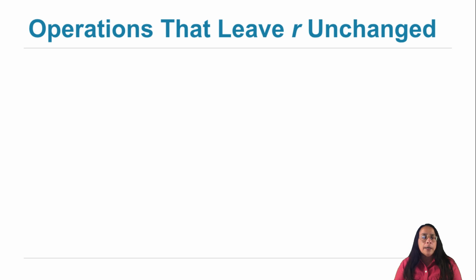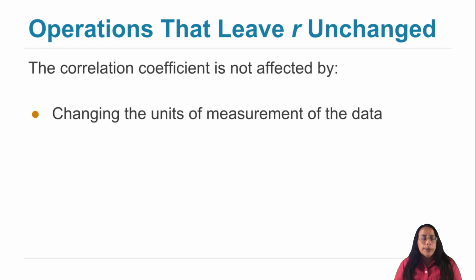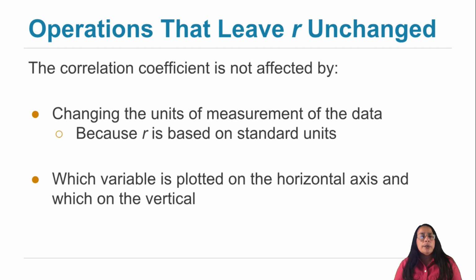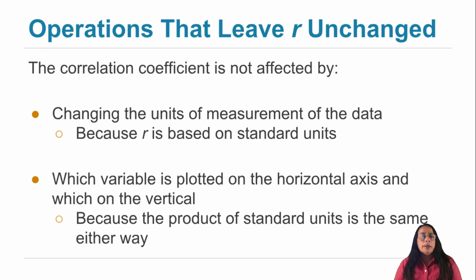Operations that leave R unchanged include changing the units of measurements of the data and switching the horizontal and vertical axes. These do not change correlation. And what this does is it allows you to talk about the correlation between height and weight in a population of people.